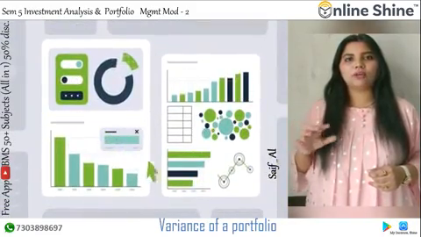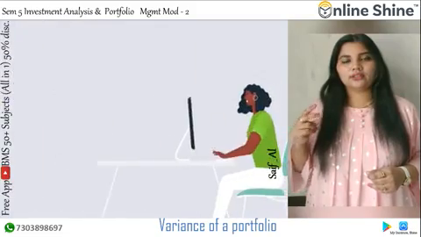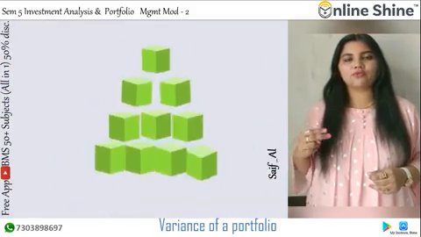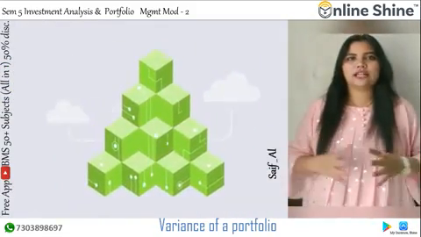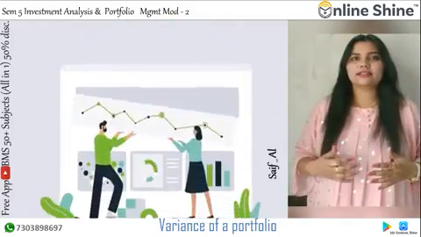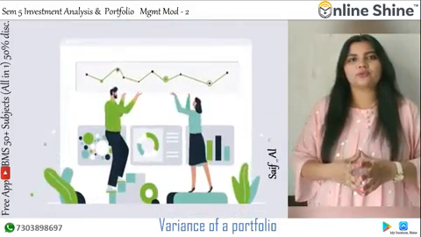So this is the formula of 3 asset variance of a portfolio. Now we can understand how to calculate the variance of a portfolio.